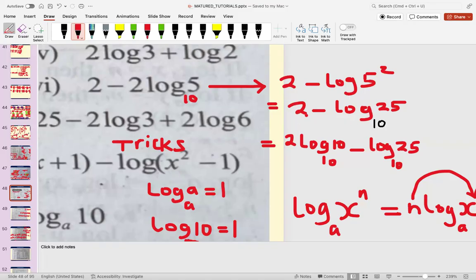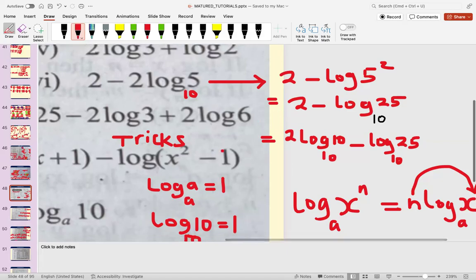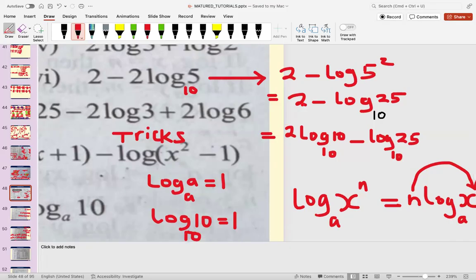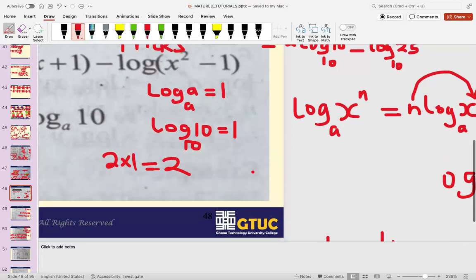The trick which you are learning today is that if a number is standing alone like this, 2 is the same as 2 multiplied by 1, because any number times 1, you get the same number. Festus, are you with me?